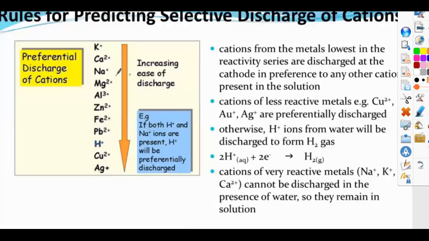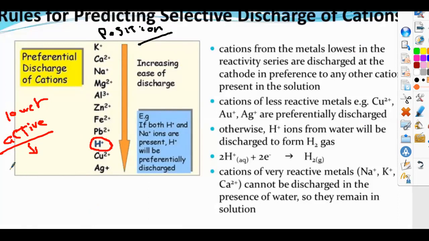Let's take the rule. The rule for the positive ions, or the cations, is from the electrochemical activity series. From the activity series, as we go from up to down, the activity decreases, and the lower the activity of the element, the better it is for reduction, and the higher active ones are not reduced.